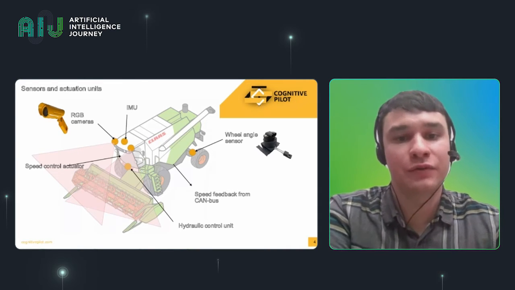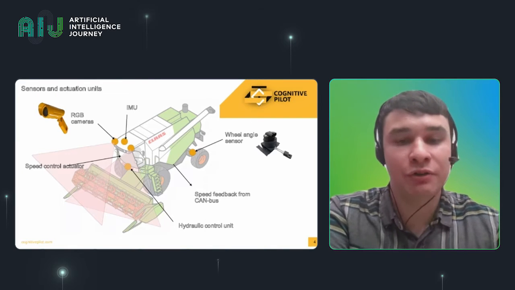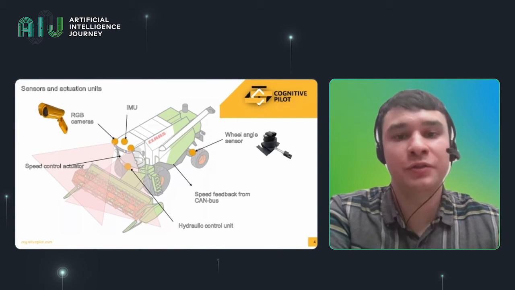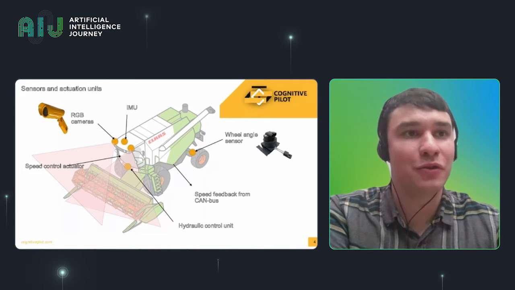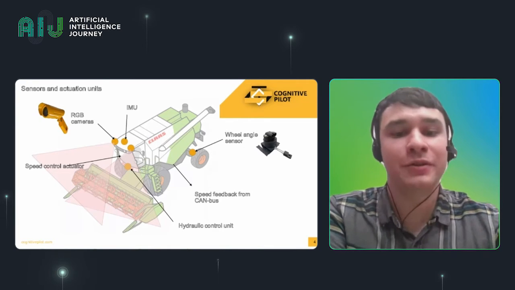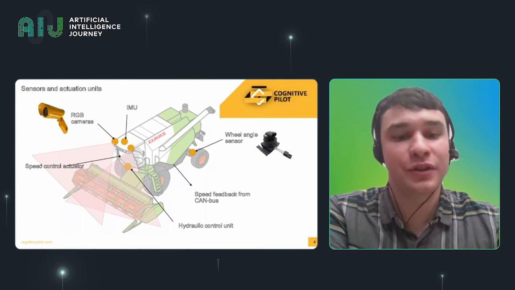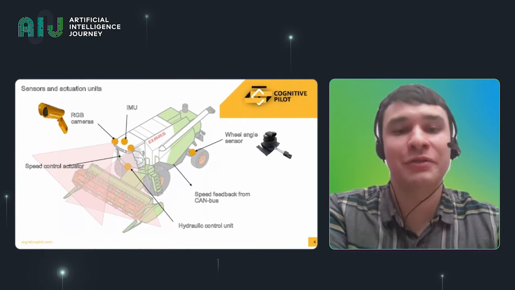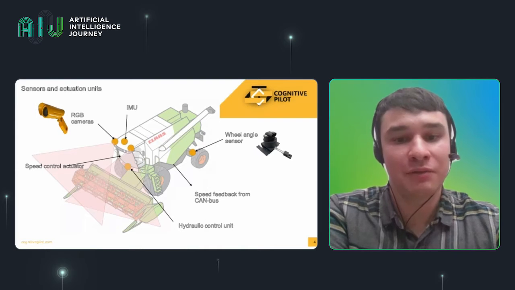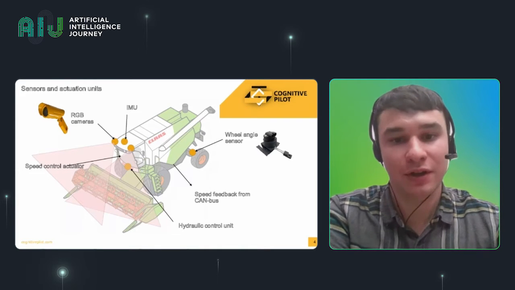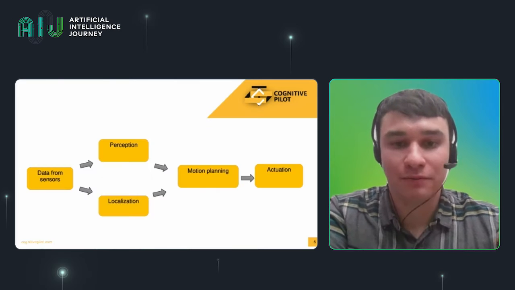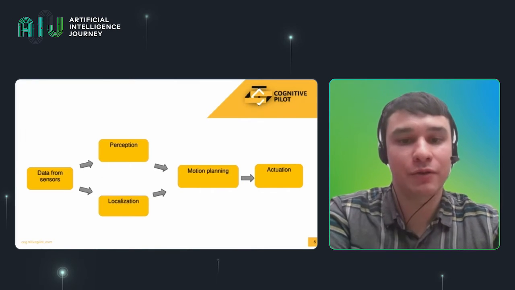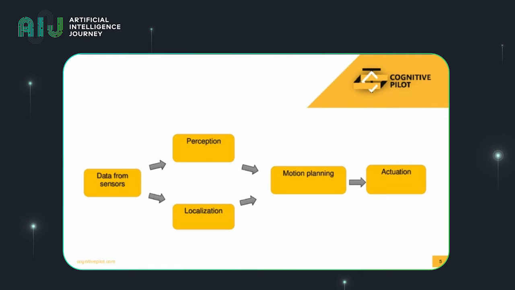So for actuation, for controlling the steering, we use the hydraulic control unit because all the harvesters use the hydraulic steering, and for the speed control we use electromechanic speed control actuator. So here is the structure of our pipeline.